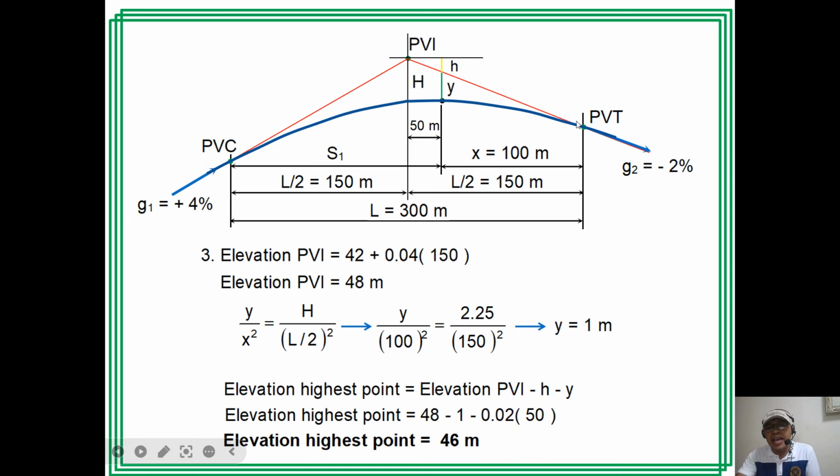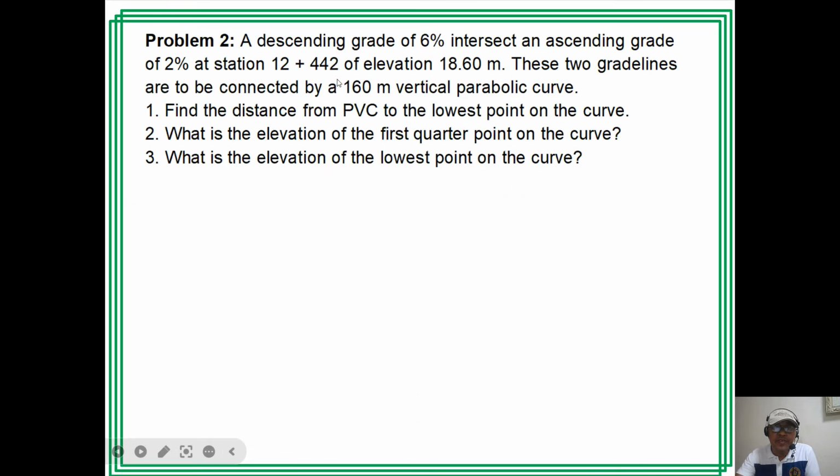Okay, so this is a vertical summit curve. Okay, so the next problem here is about vertical sag curve. So we have here a descending grade of 6% intersect an ascending grade of 2% at station 12 plus 442 of elevation 18.6 meters.